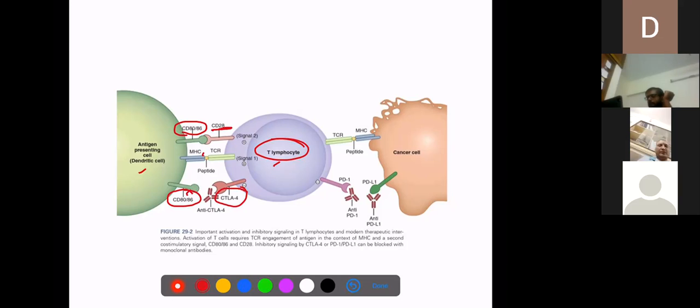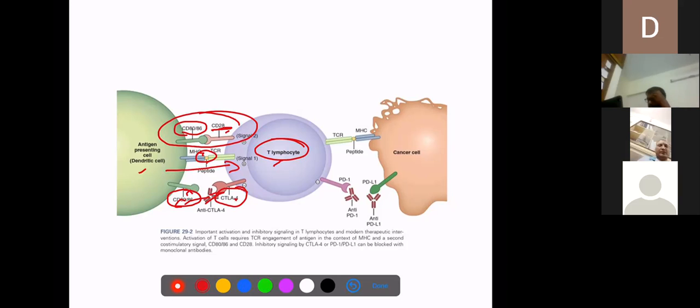This attachment reduces the signal given by the CD80 and CD28, so it will not enhance the immunity of that antigen to the lymphocyte. The T lymphocyte will be cheated, because the CTLA4 downregulates the antigen presenting cell, and this antigen will not be recognized and will not be destroyed. This is how the cancer cells reduce the immunogenicity.